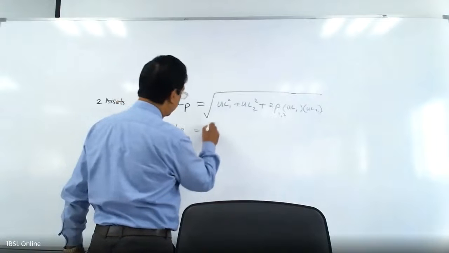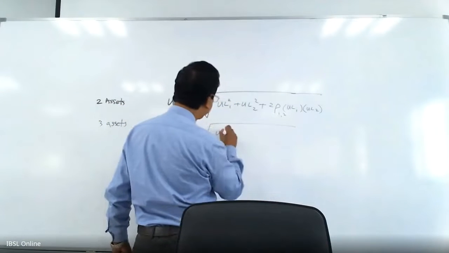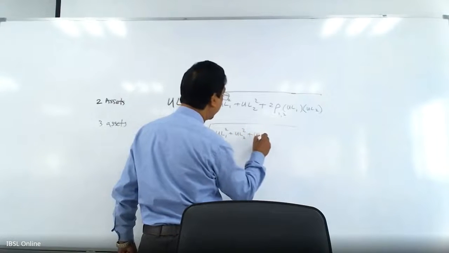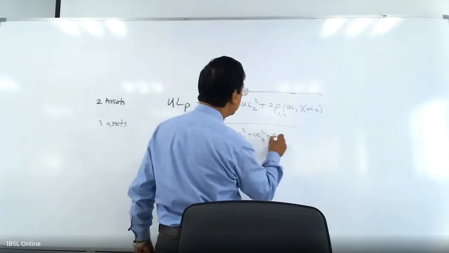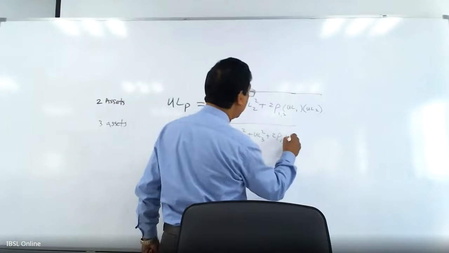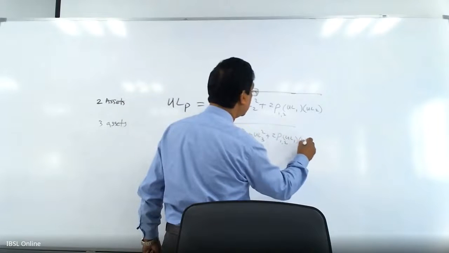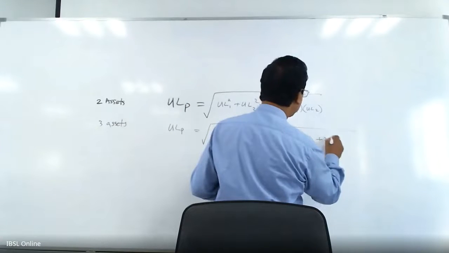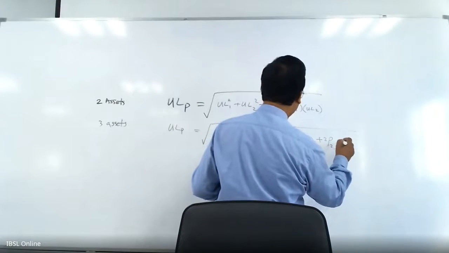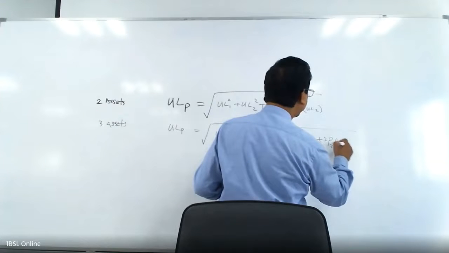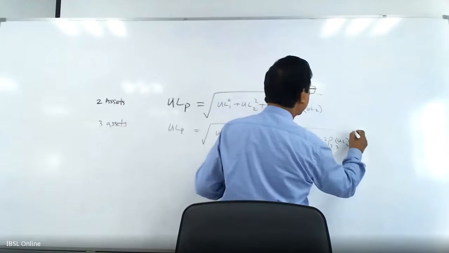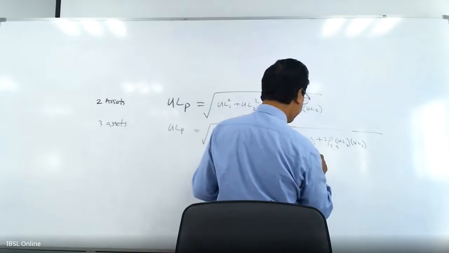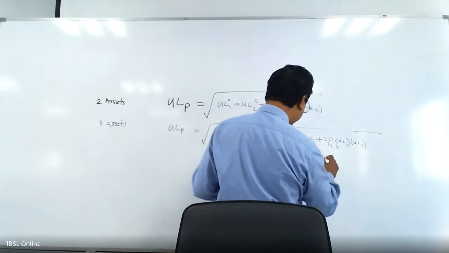ULP is equal to the square root of UL1 squared plus UL2 squared plus UL3 squared plus 2 rho 1 2 UL1 into UL2 plus 2 rho 2 3 UL2 into UL3 plus 2 rho 1 3 UL1 into UL3.